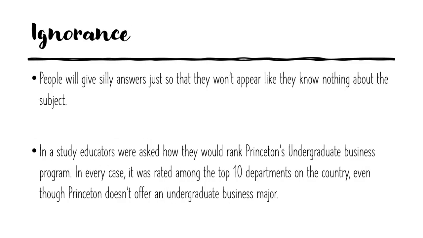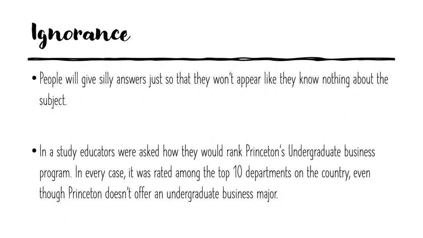Just ignorance. So just giving an incorrect answer because you just don't know. You think this is the right answer because it sounds right to you, but it's actually not even close. And the example on the bottom is a perfect example of this, where people rank Princeton's business program as one of the best in the country, but they don't have a business program.